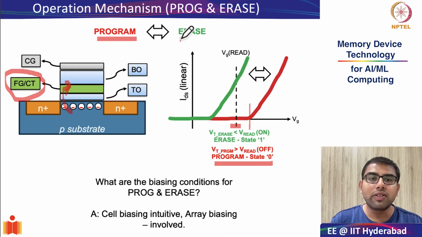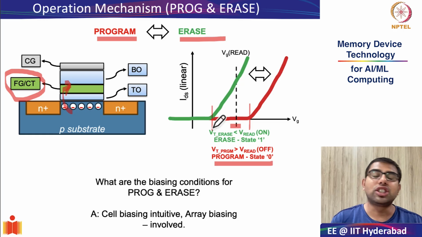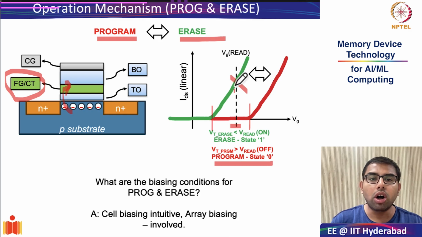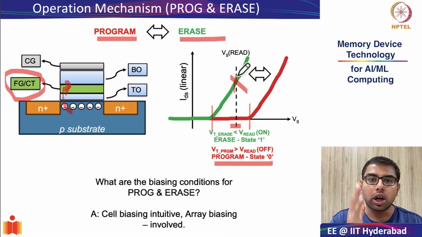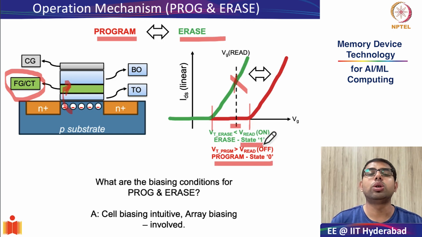Similarly, in erase, there are no electrons in the charge storage layer, and therefore the threshold voltage of the transistor is much lower than in the program state. Therefore, the transistor is in on state for the fixed VG read voltage or the reference voltage. As a result, the erase state is also known as state 1 because the transistor is on.